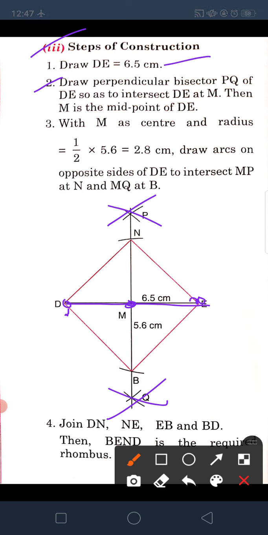The bisector of DE intersects it at a particular point M, and we know that the perpendicular bisector of the side meets it at an equal distance, so it is the midpoint. So M is the midpoint. Then what do we do? Then we find the other diagonal passing through this midpoint, because it is a perpendicular line.